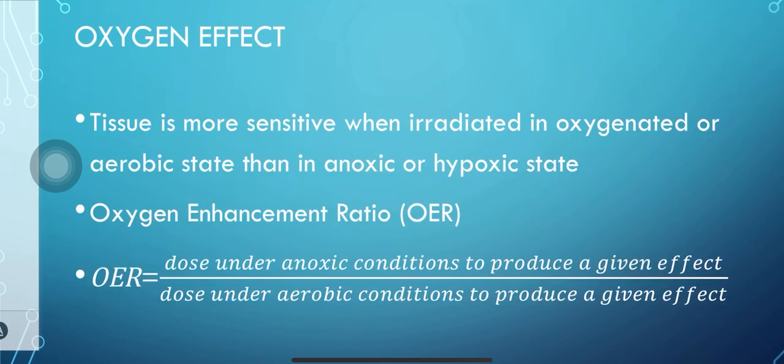Oxygen enhancement ratio is the dose under anoxic conditions divided by the dose under aerobic conditions. Human beings who have anemia may have less effect on the tumor if they're irradiated. We prefer hemoglobin of at least 8 or more to start irradiation.